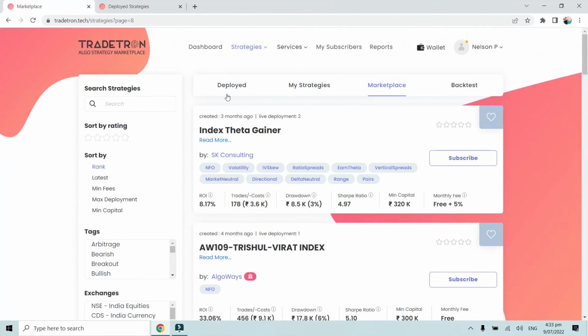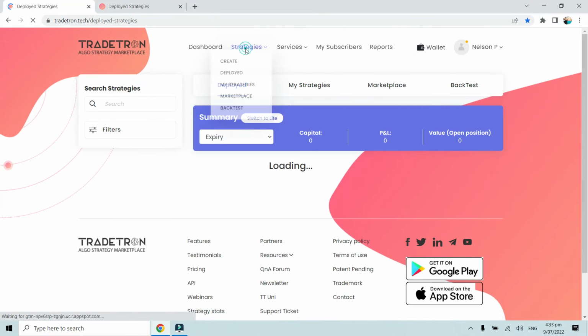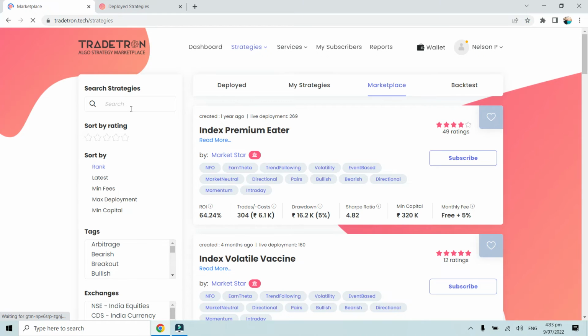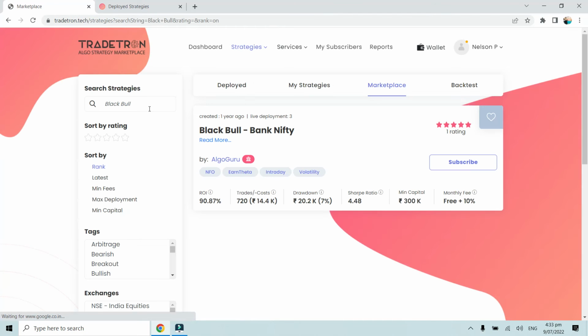If I go to the first page, it might not be visible over here. So if you know of a particular strategy that you want to search for, you can search over here. For example, Black Bull. All right, if I search this, then that strategy will automatically appear over here.